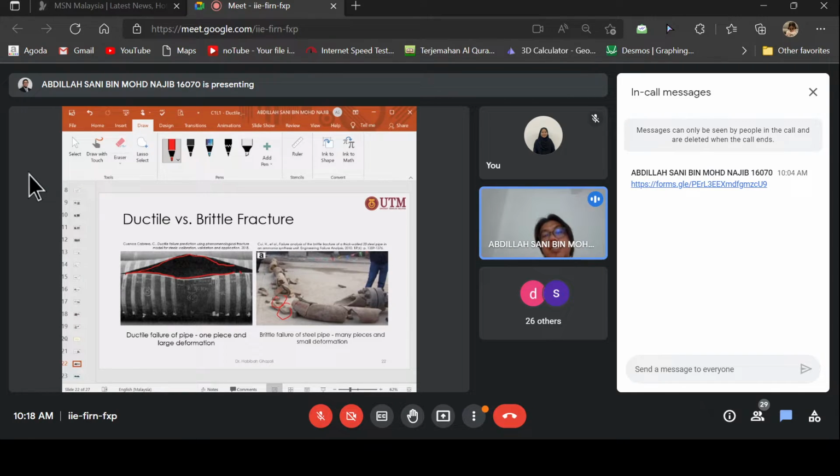So to demonstrate that, you can see the ship hull that fractured in a ductile manner. Before it breaks, we can see that it changes its shape. It is deformed.